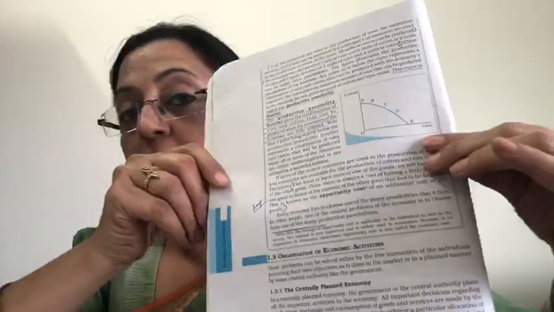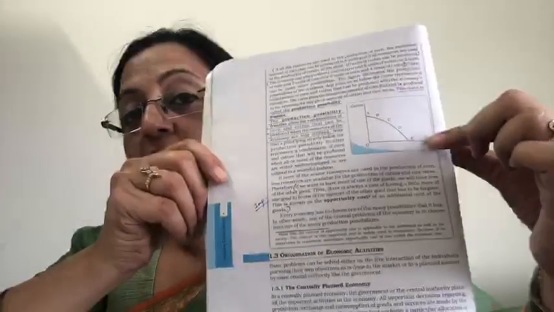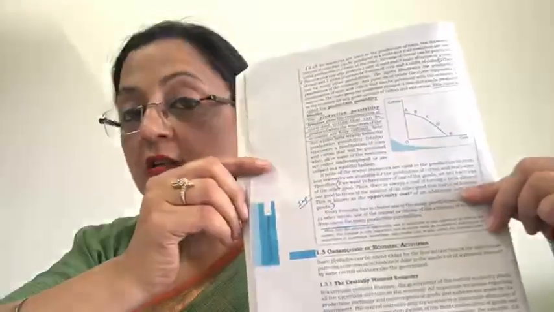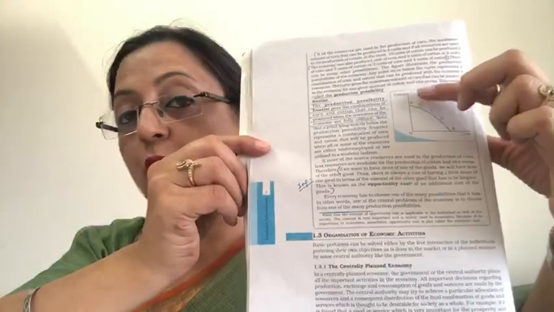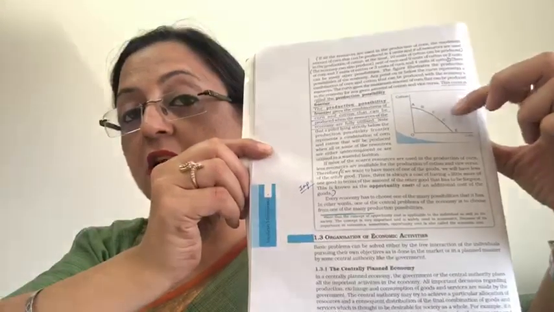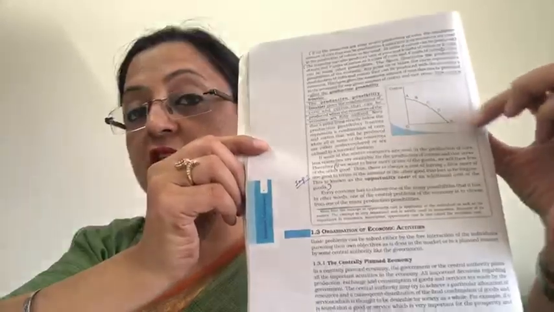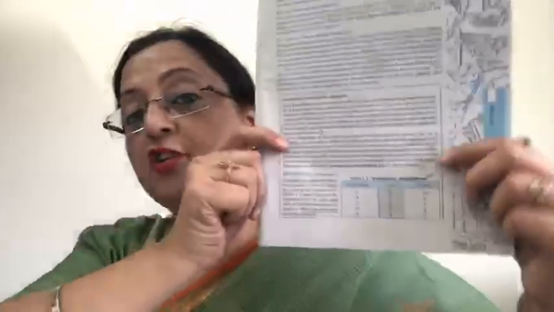When you show this data in a diagram, you get this kind of curve. This curve is known as the production possibilities curve. Here you can see the various combinations, points A, B, C, D, E. These are the various combinations which the society can produce of corn and cotton.